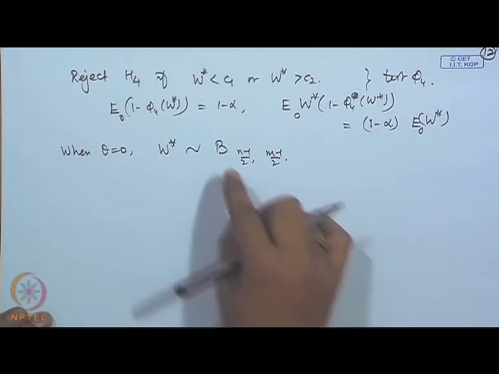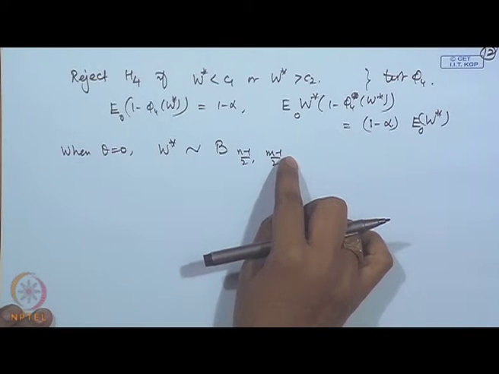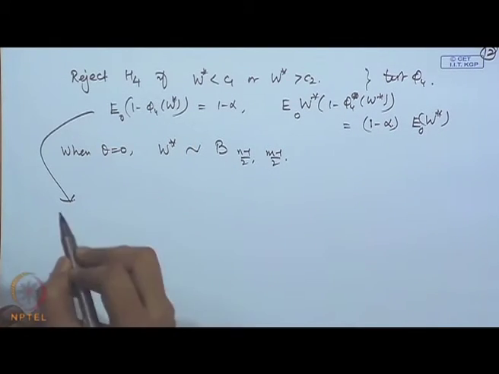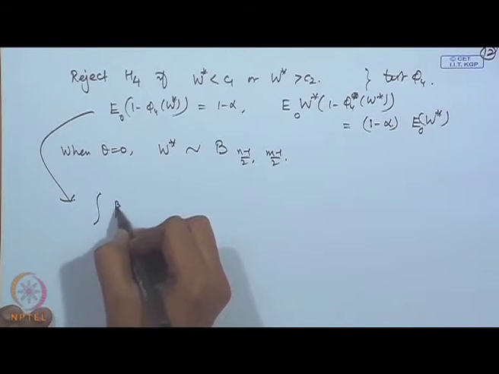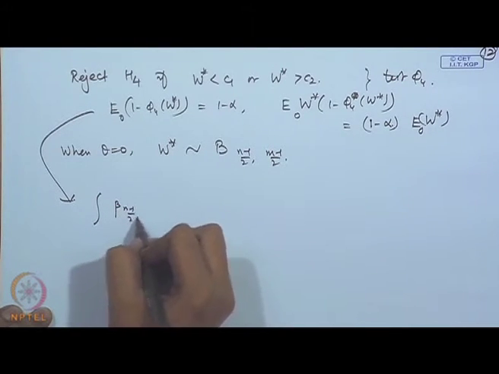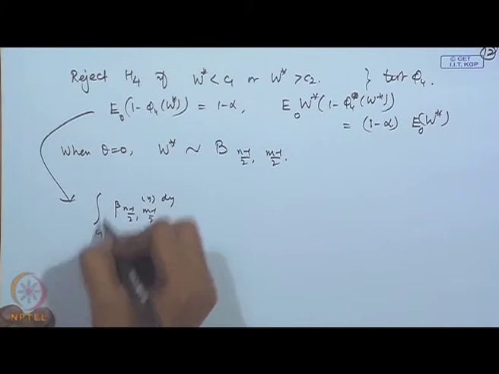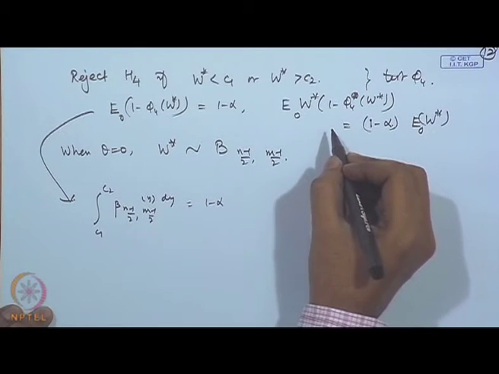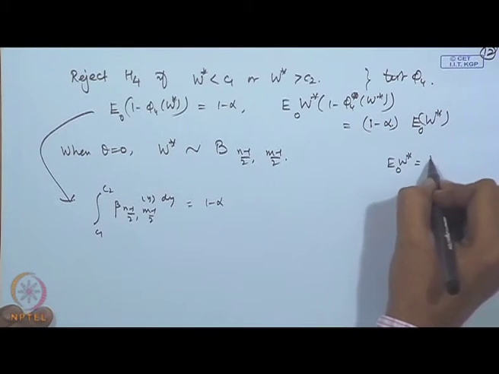So, this condition is determined from the density of beta, beta of (n minus 1) by 2, (m minus 1) by 2, y dy, and from C1 to C2 this should be equal to 1 minus alpha.